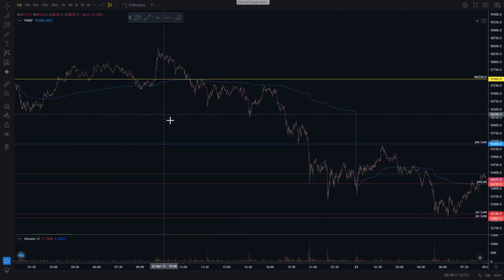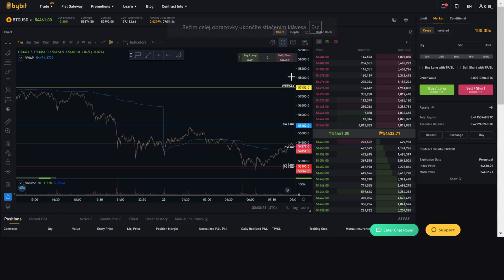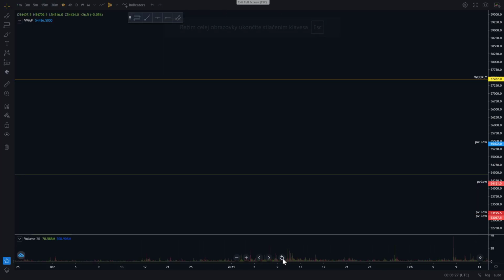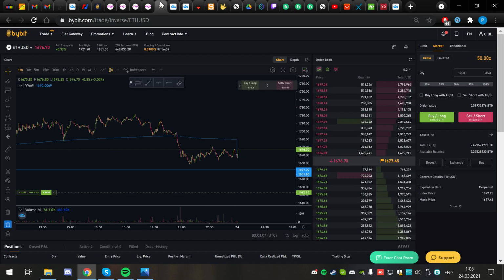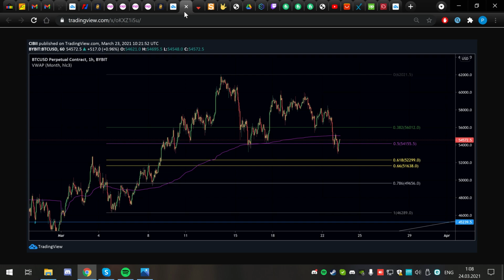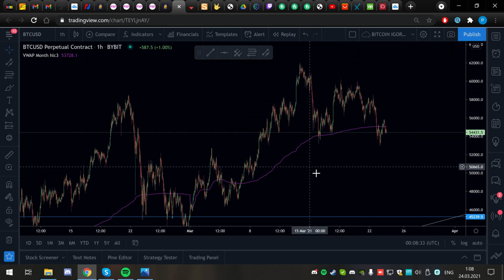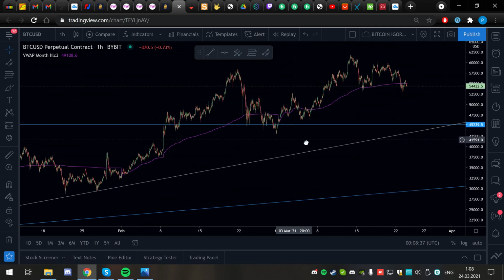Okay, so I always try to pull channels, and the most important channels which you need to be aware of in case Bitcoin will make a huge drop, we can show on a TradingView chart, because Bitcoin is holding a huge long-term channel.